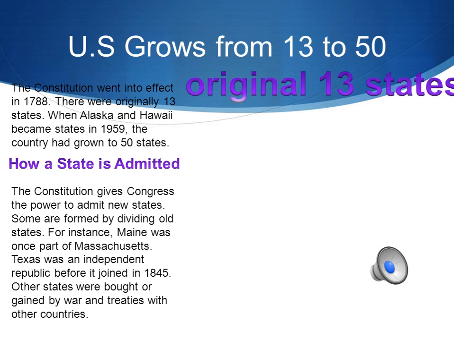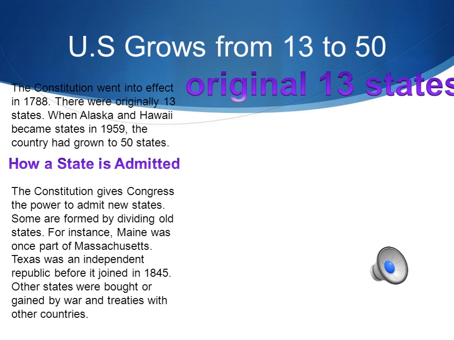The Constitution went into effect in 1788, and at the time there were 13 states. And then finally in 1959, Alaska and Hawaii became states, and now we're at 50 states, although we could grow to more states.